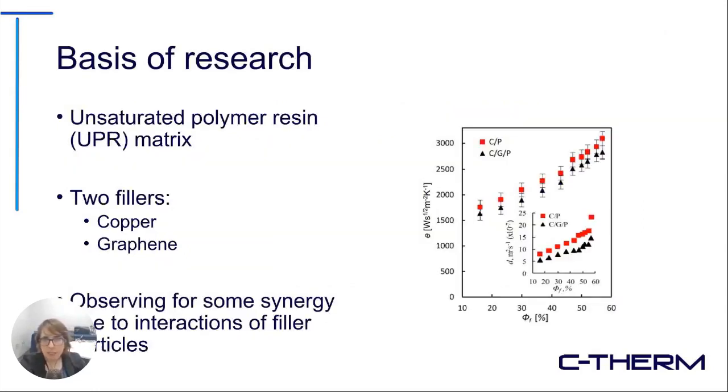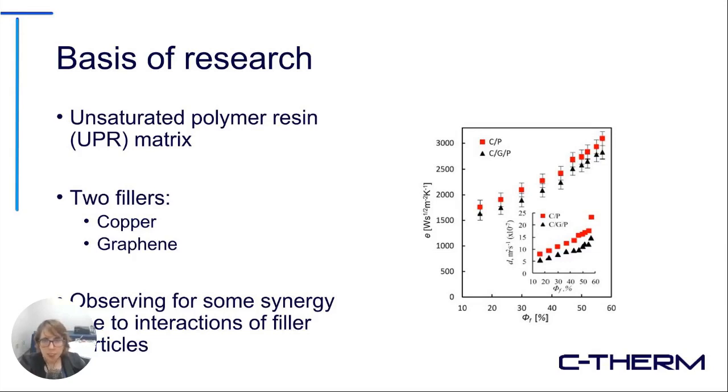So the idea here is that they have this unsaturated polymer resin matrix, and they're looking at two different filler materials and looking to see, do the fillers improve things on their own? And if they do improve it on their own, do they improve it more if they add both types of filler?